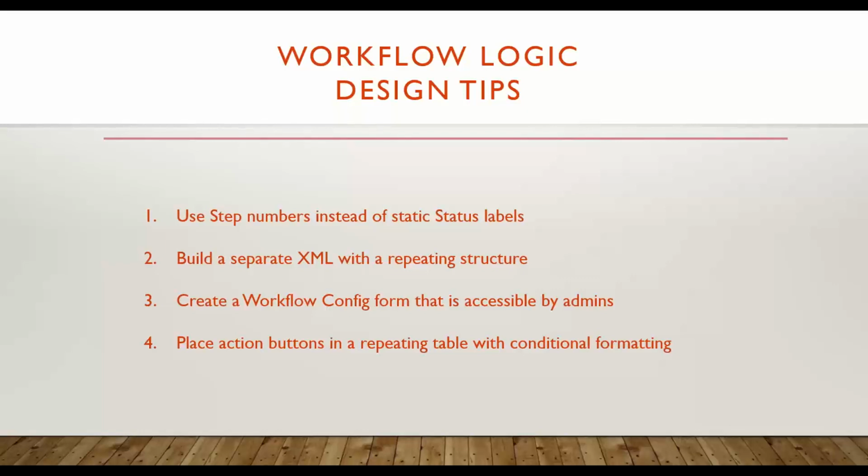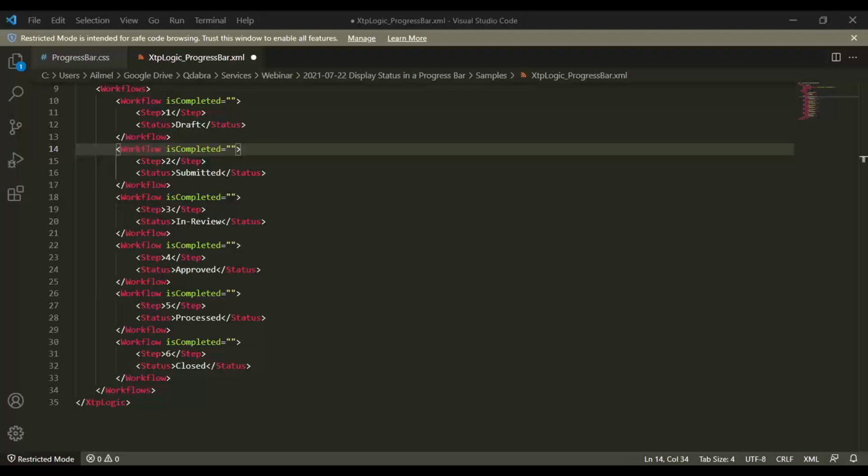So yeah, you might have to do it maybe once or twice, but at least you saved yourself some time and effort there, right? So next is to build a separate XML with a repeating structure. And let me show you what I mean by that. So the solution that we built for Pete and almost all the workflow integrated forms that I built have been using this kind of XML structure for the workflow.